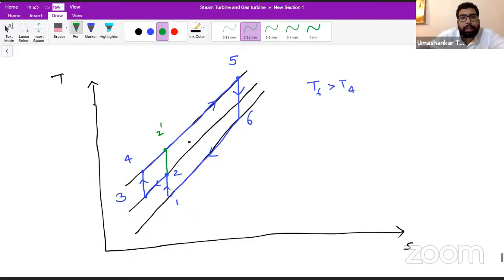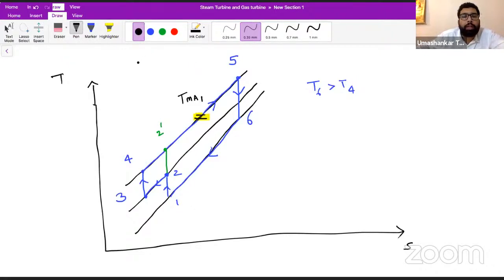So in this, what was the mean temperature of heat addition in the cycle without intercooling? This is the TMA. I have made it with black ink, and let me highlight it also. So this is the mean temperature of heat addition in the original cycle without intercooling.